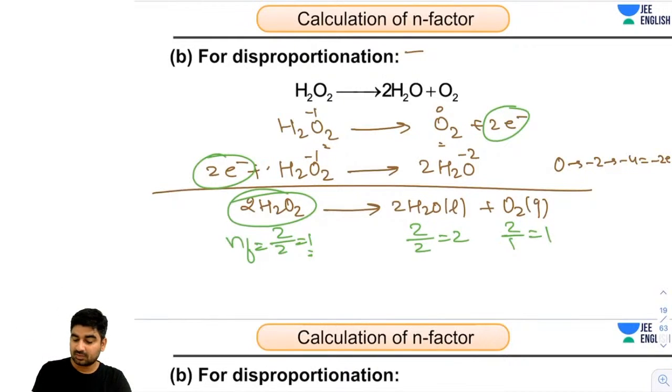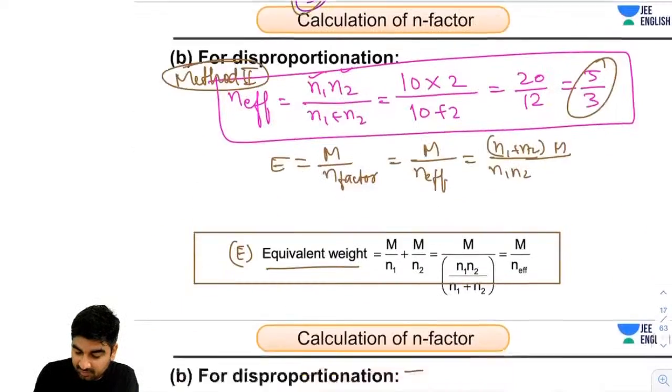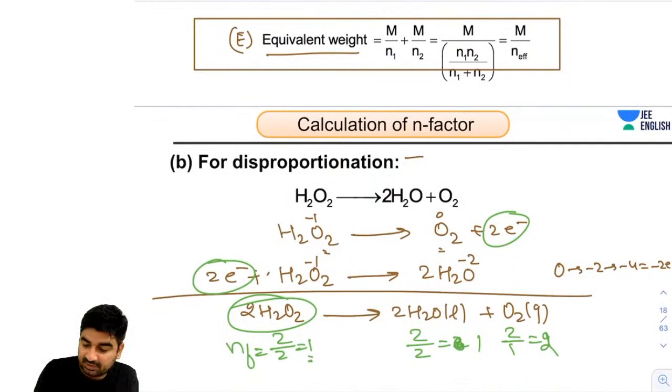Yes. For H2O it is 1 and for O2 it is again 2. Okay. Yes, yes. That was my error. Right, guys? Why I am telling you separately, guys? Why I am telling you separately? First, let me tell you one thing.